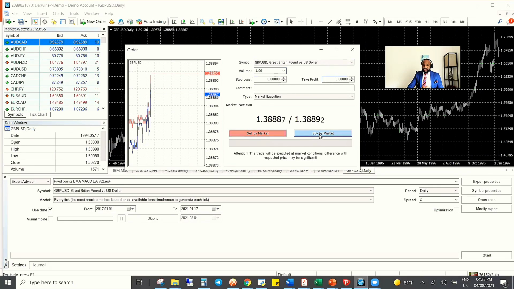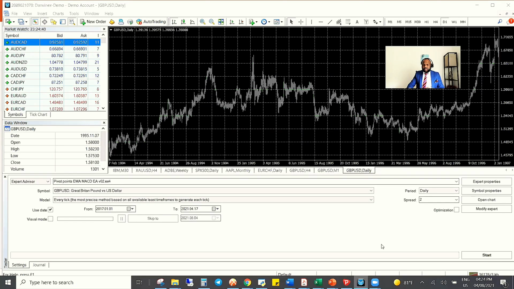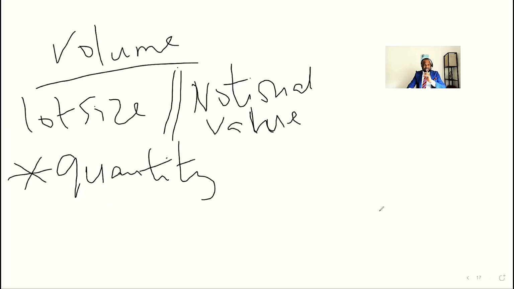If you're trying to do a long position, you click buy. After you have set everything, it means you're trying to buy now to sell when price gets higher. That's a long position. If you want to do a short position, it means you're trying to sell now, and then you click sell. Volume. What is this volume? It's a quantity you are trying to trade. Sometimes they call it notional value, sometimes they call it lot size.